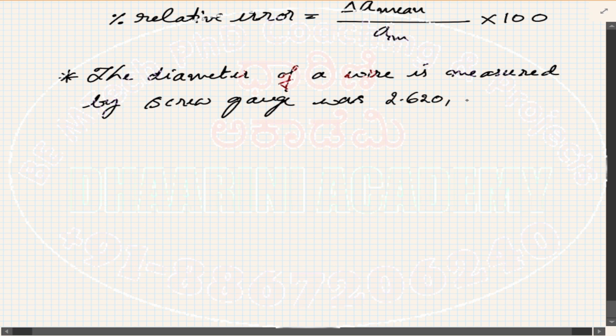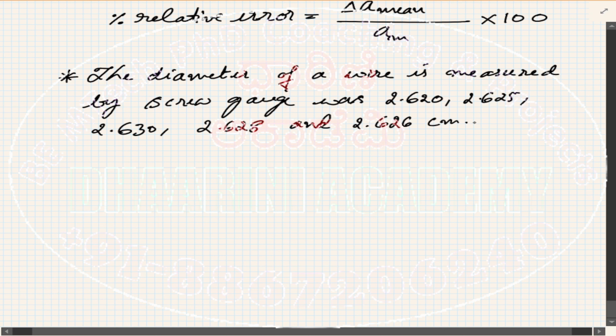2.620, 2.625, 2.630, 2.628, and 2.626 centimeters.